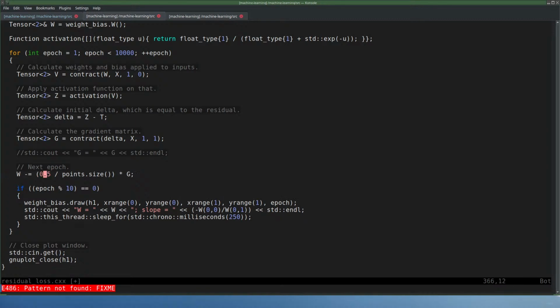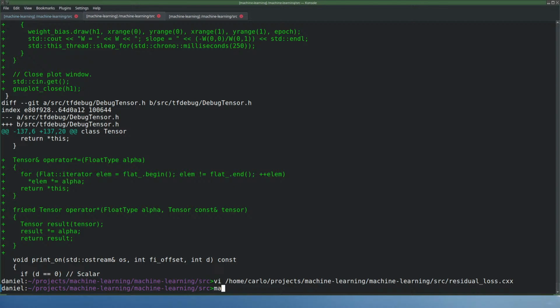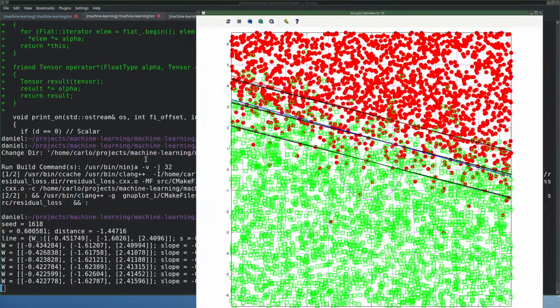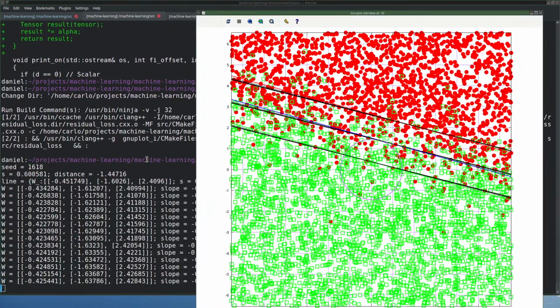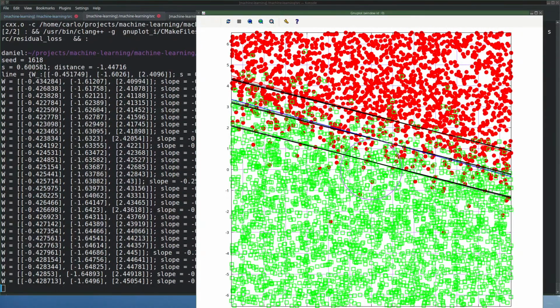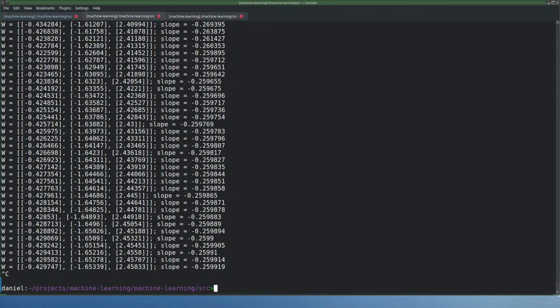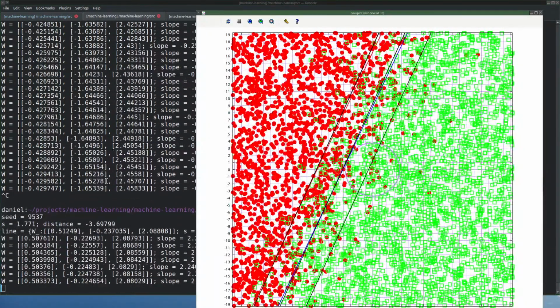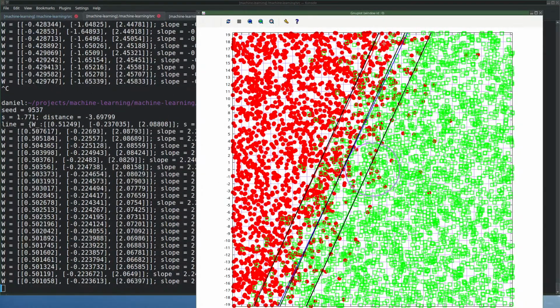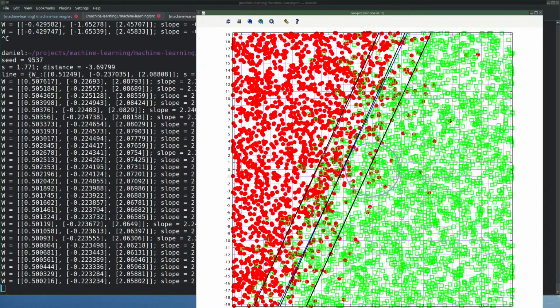And I'll make this a smaller learning rate. Right, now it looks good to me. Stable like hell. Not just stable, but also near the perfect solution.